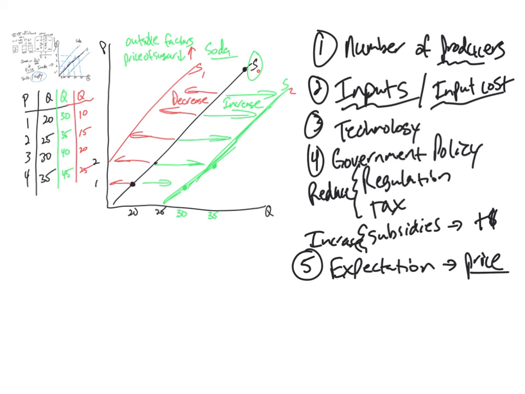If I believe that the price is going to drop, like I know the price is going to drop tomorrow, then I'm going to increase my supply today, because the price is going to drop in the future. So that's how a future price expectation can increase or decrease supply. These are the supply shifters. This is what a shift in supply looks like, and this is what it looks like when we look at it on a table.